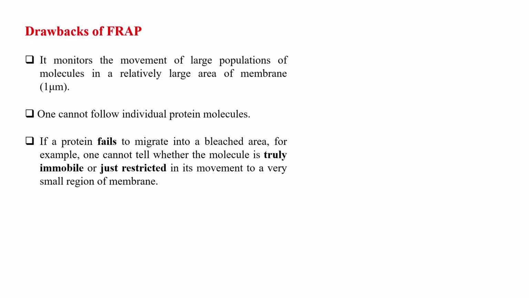But in FRAP experiments, they are observing a 1 micrometer diameter. So maybe one protein can be restricted to a small protein-rich domain, but we cannot confirm whether this protein is truly immobile or just restricted in its movement.